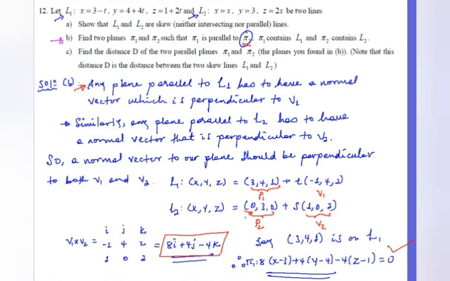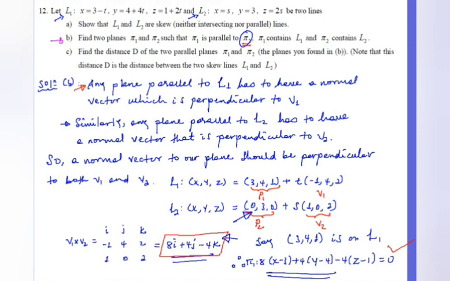For example, the point (0, 3, 0) is a point on L2. You can take this point. This normal vector is already a normal vector for both plane pi 1 and pi 2. So by using this point and the given normal vector, you can determine the equation of the second plane.